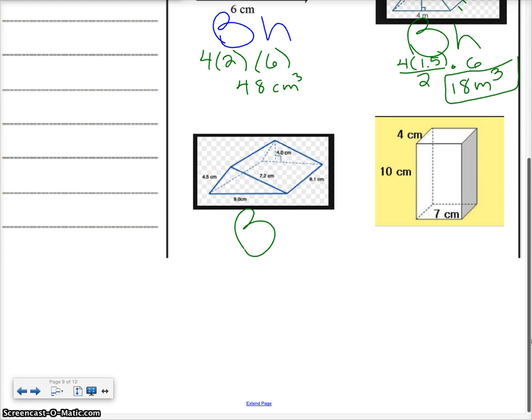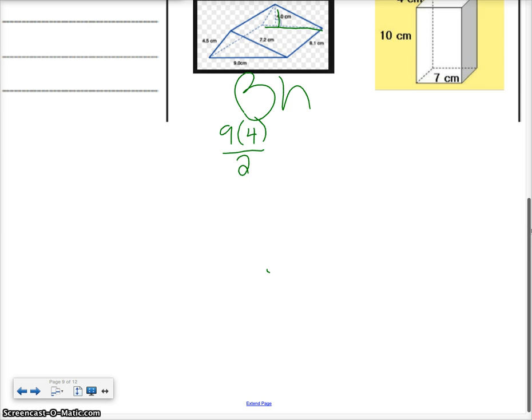So, big B H, let's justify the formula and analyze big B. It's a triangle, so it's going to be the base of the triangle, 9, times the height of the triangle, 4, divided by 2, that's my big B. And the H connects the two parallel faces, so what's connecting my bases is 8.1.